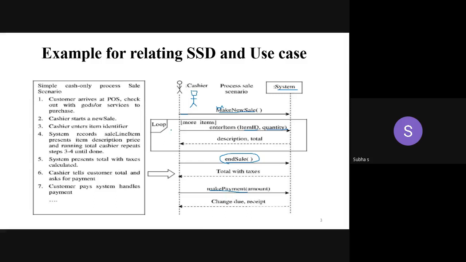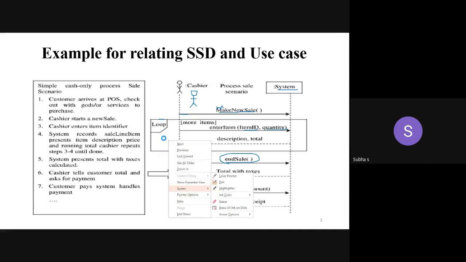A for loop or a while loop, until n reaches 18. You have to scan all the items like that. Here you are mentioning this in a box, this rectangle. So this is the loop you are going to use.